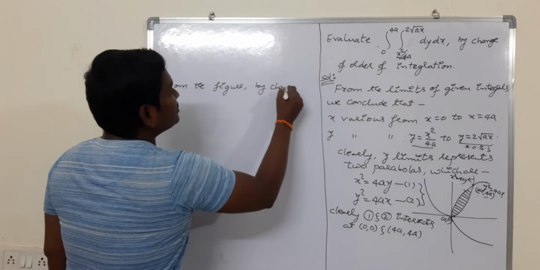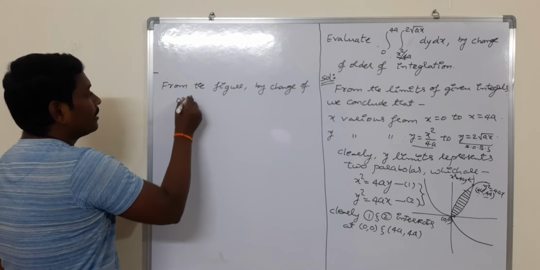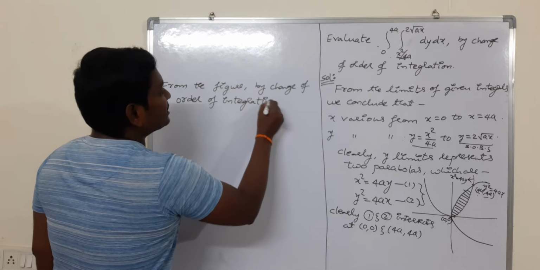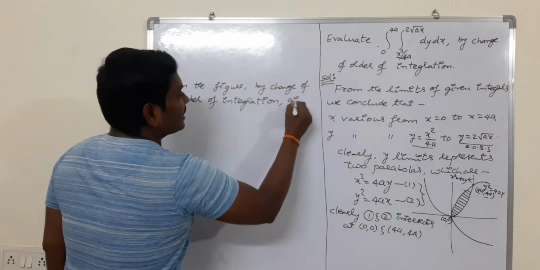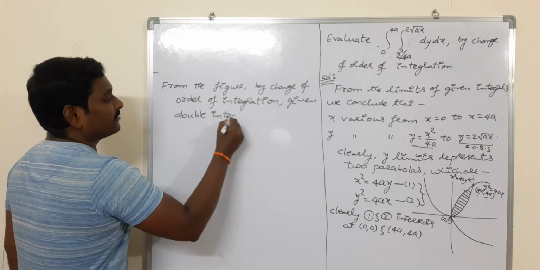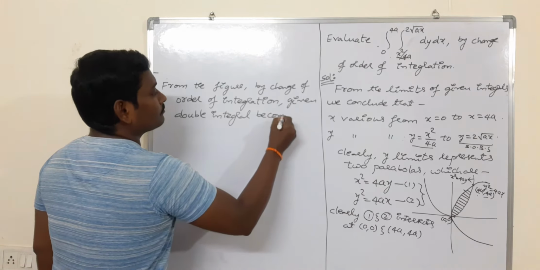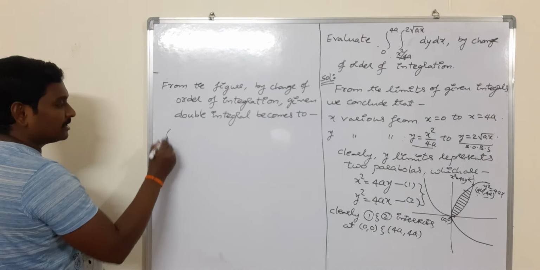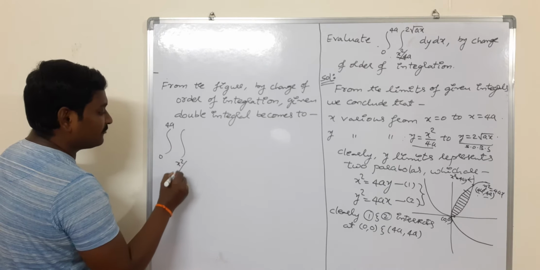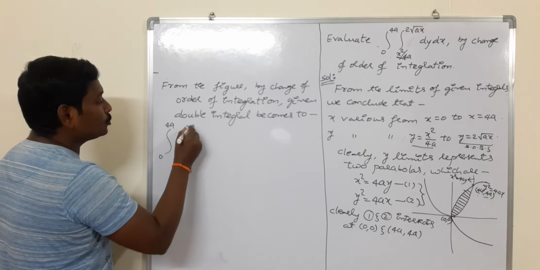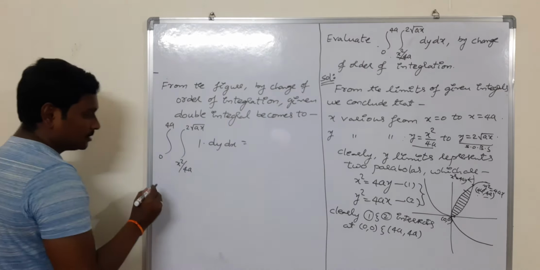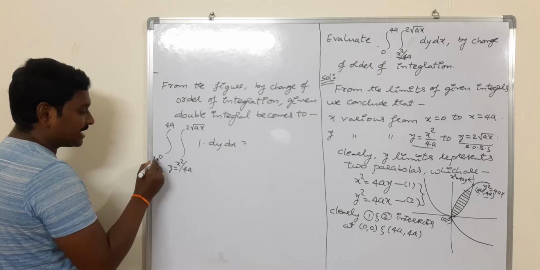by change of order of integration, the given double integral becomes, please write the given double integral here once, which is 0 to 4a, and x square by 4a to 2 root ax, 1 dy dx is equal to, so these are the y limits originally, these are x limits.